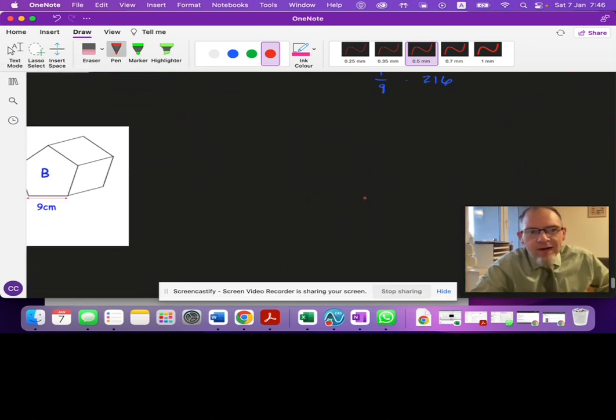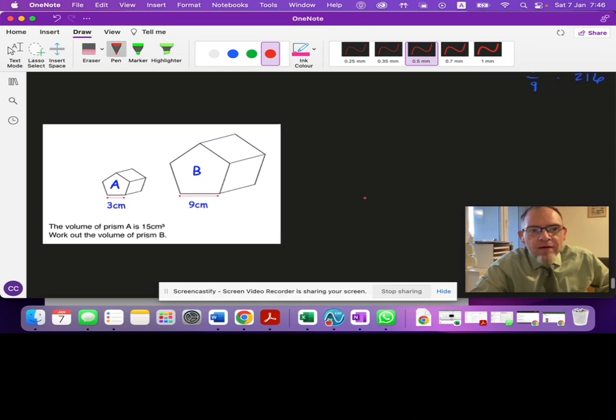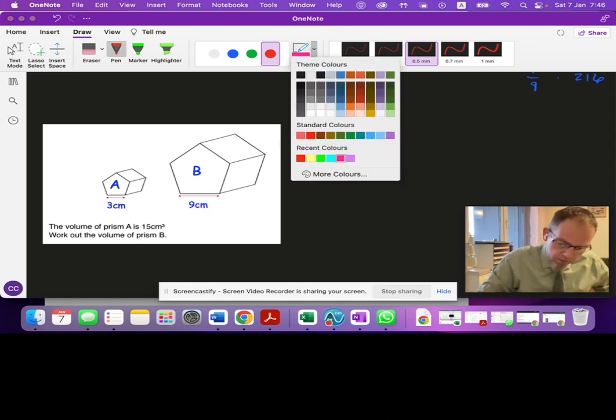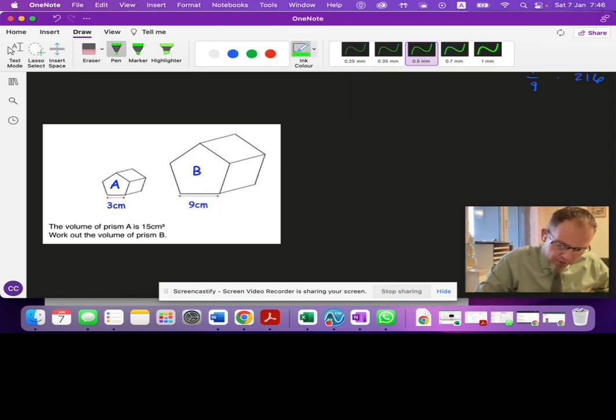Similarly, if we have volume, just think to yourself real quick. For length, we just multiply by the k value. For area, we multiply by the square of the k value. What are we going to do for volume? You got it. We're going to multiply by the cube of that common ratio.